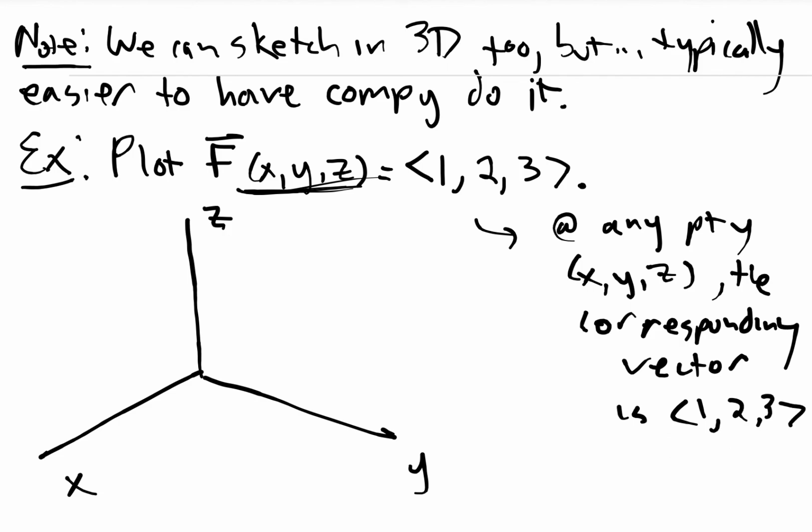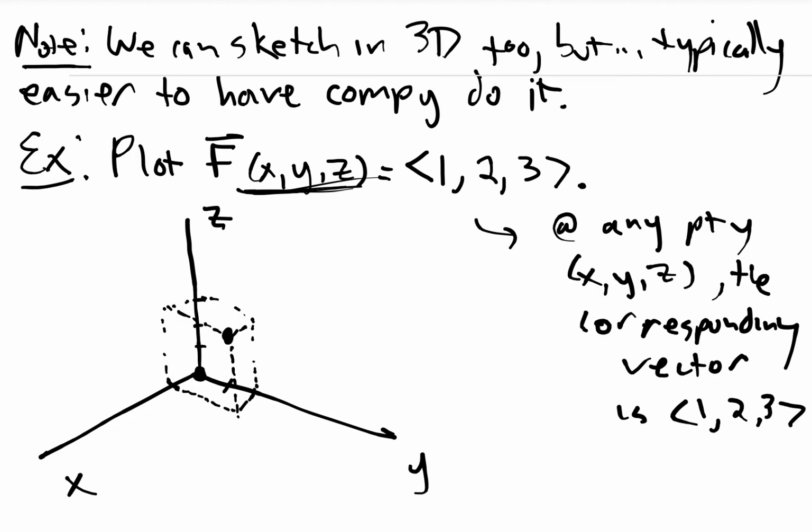So we'll start at the origin here, and just for reference, this is the vector that goes 1 in the x direction, 2 in the y direction, and 3 in the z direction. The way we did this before when sketching by hand was to get a feel for a reference box: where exactly is the (1, 2, 3) point here.